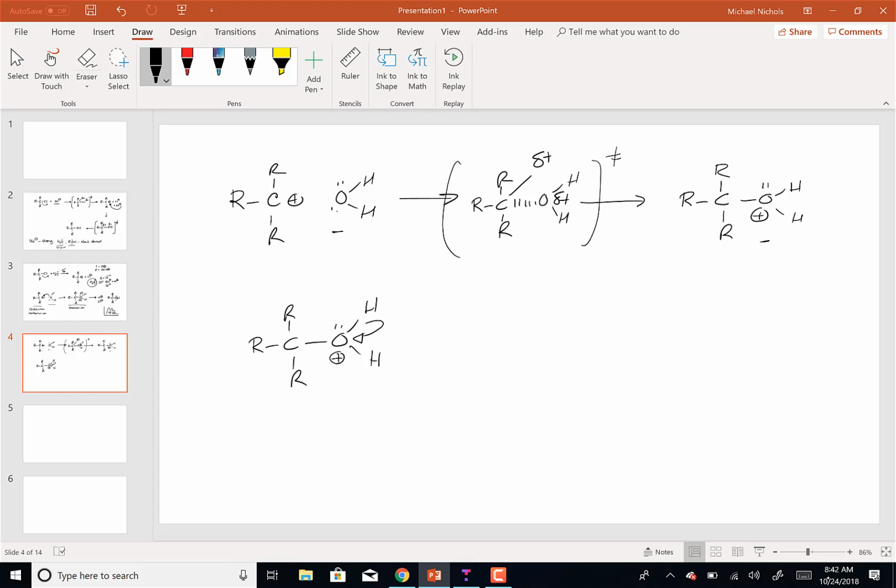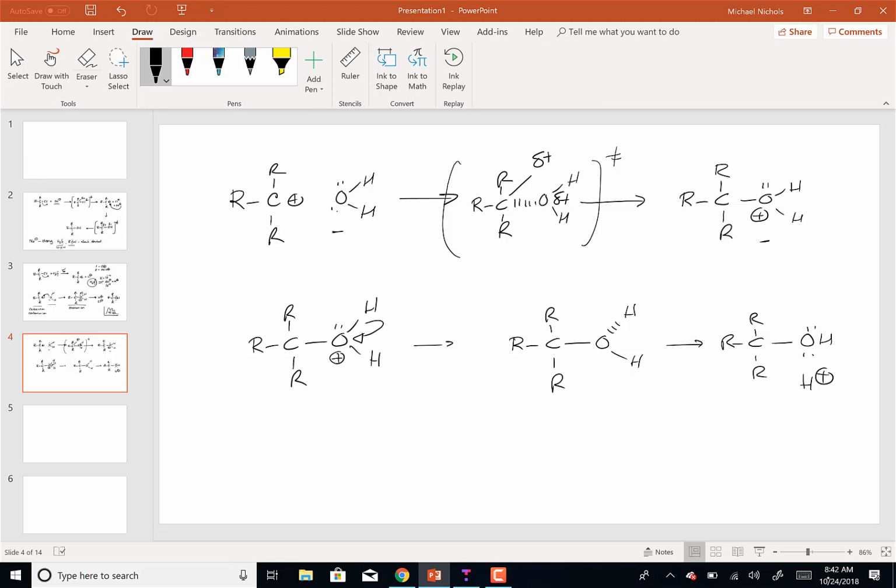So that signifies that I'm breaking my oxygen-hydrogen bond. So I'm going to write a dotted line between the O and the H. Okay, so dotted line, what's being broken?